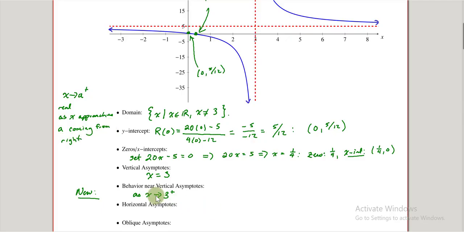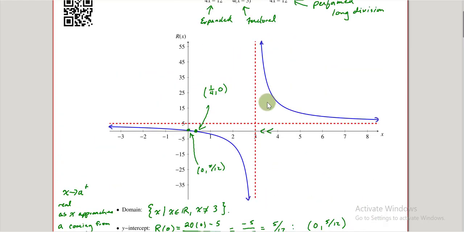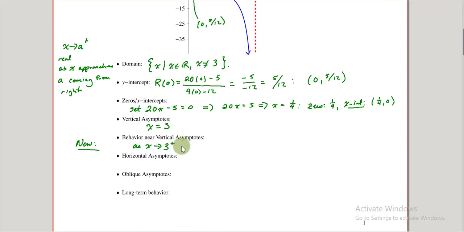So as I approach 3 from the right on the x-axis, if I were to plot those points on the graph, we would see that as we get closer and closer to 3, our y values get very big. How big? Arbitrarily big. So we'll say the r of x values, the y values, approach infinity.